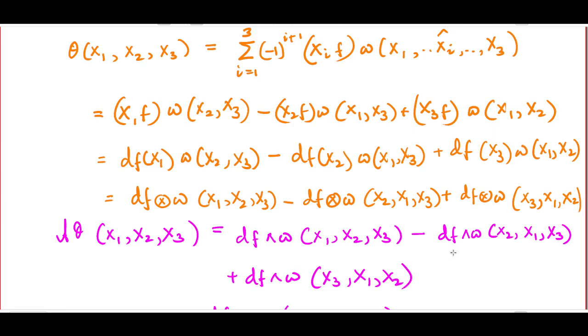And note that I can make the argument list of all these three terms exactly the same by making use of the fact that now that we have the wedge product of a one form df and a two form omega, each of these is essentially the same three form and it is completely antisymmetric in its arguments.